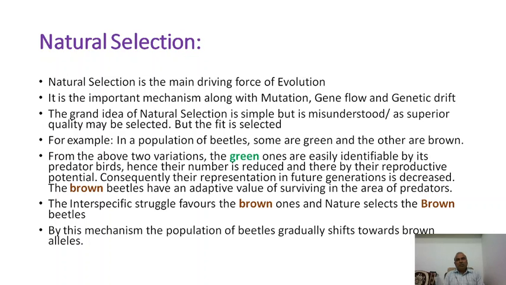The individual which has won the struggle will get the chance of reproduction. During reproduction, the same winning traits will be carried to the next generation, and the next generation will be produced with the successful traits. The organism which has lost the struggle will have no chance of reproduction.